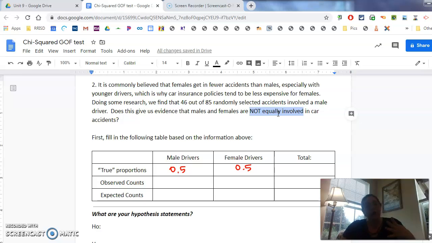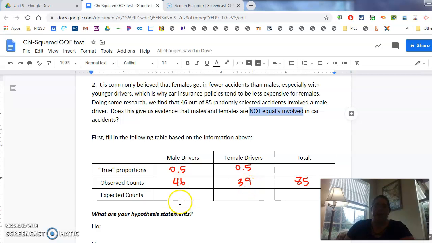If I had 4 categories and my claim was that they are equally proportioned, then my true proportions would be 0.25, 0.25, 0.25, 0.25. So we're dividing it up equally. My observed counts: 46 of the total of 85 were males, which means 39 were female drivers.